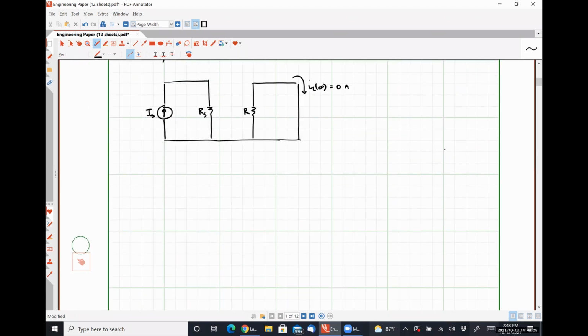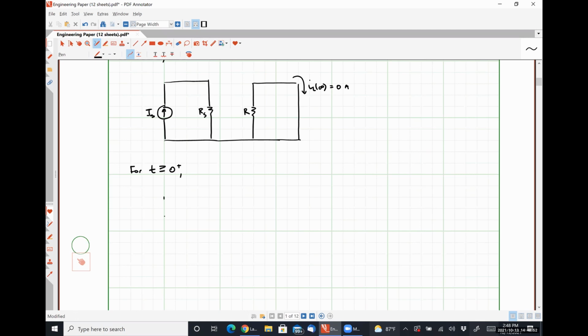All right, so let's talk about what's going on in general for t greater than 0 plus. Okay, so I'm going to redraw my circuit. So for t greater than or equal to 0 plus. This is the moment after the switch opened up, and then a little bit more.